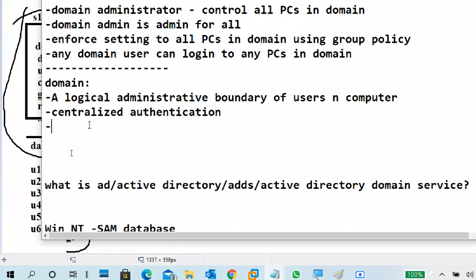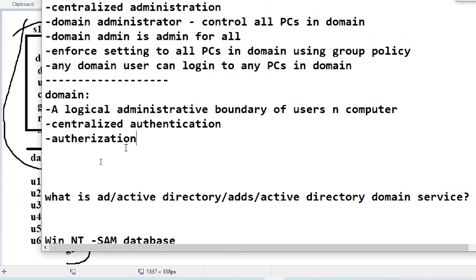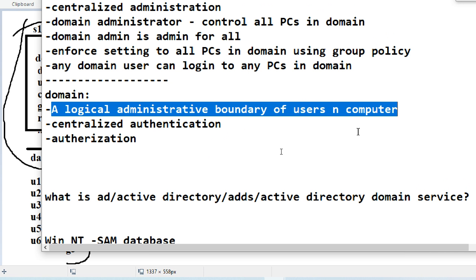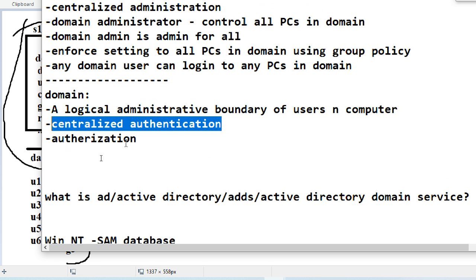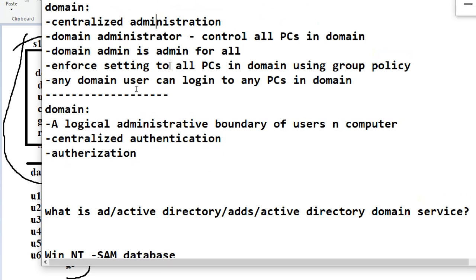It will verify users and names, and it will do authorization. It will provide authentication and authorization. It stores the user information. So domain means centralized authentication, centralized administration.